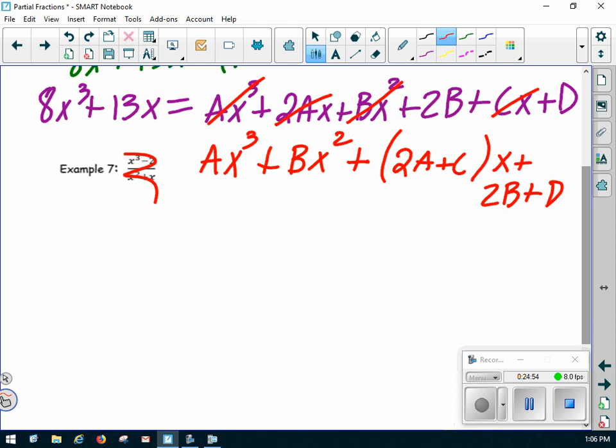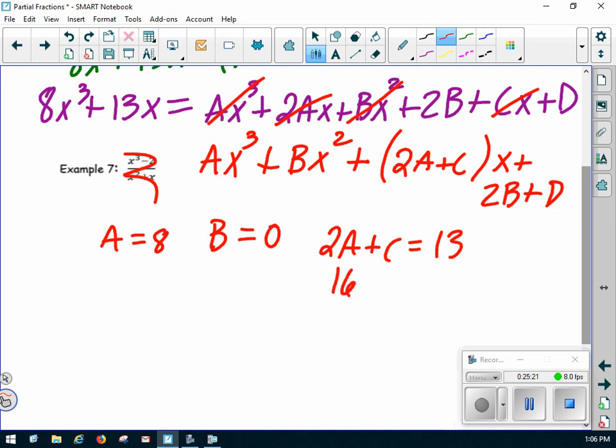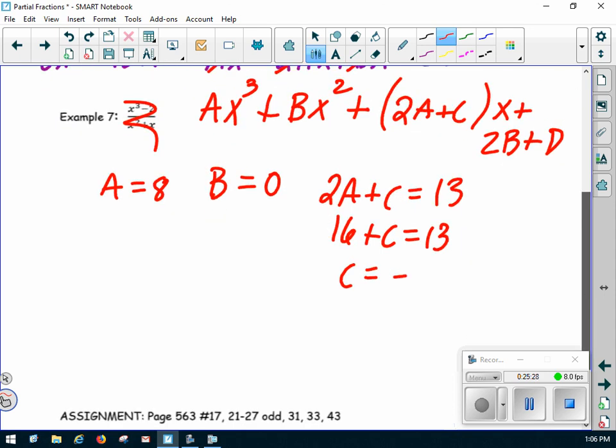Okay, what's a? A has to equal 8. What's b have to equal? 0, because there's not an x squared on the left. What does 2a plus c have to equal? 13, but we already know that a is 8. So what's c? C is negative 3.